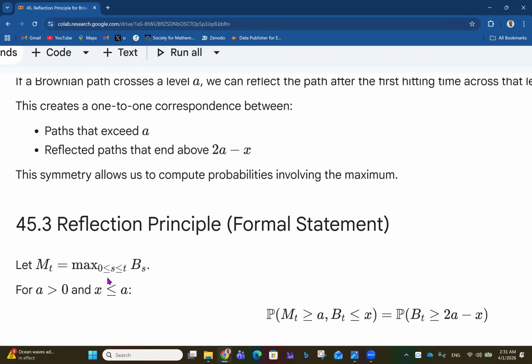Let M_t be the maximum value of B_s for s ranging from 0 to t, and then for a greater than 0 and x less than or equal to a, we say the probability that M_t is greater than or equal to a and B_t is less than or equal to x, which is some kind of joint probability, is equal to the probability that B_t is greater than or equal to 2a minus x.